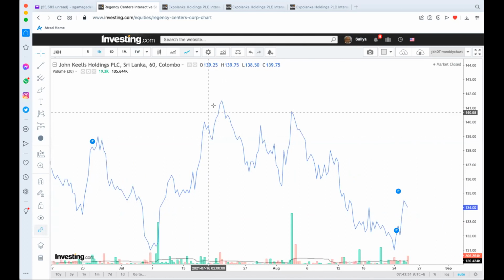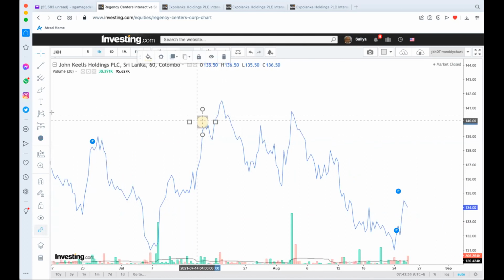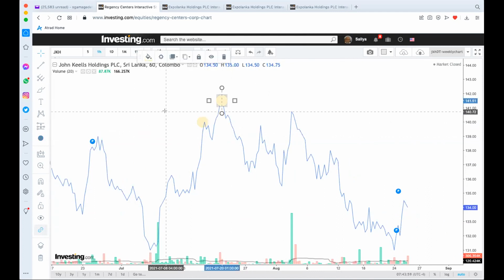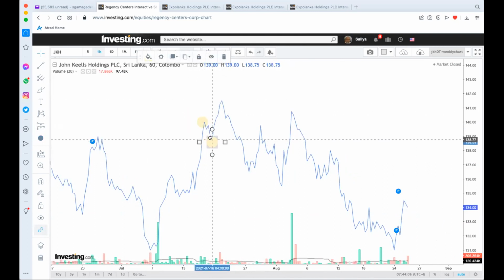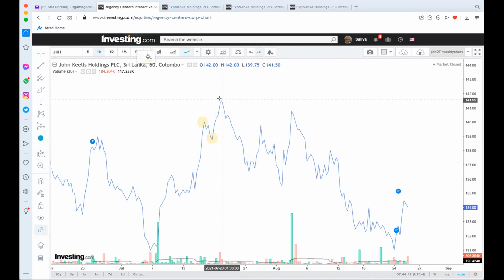You have here a top, then you have here a top. Let's go in order. You have that top, then the price comes down, makes a bottom there. Then there's a rally making another top.